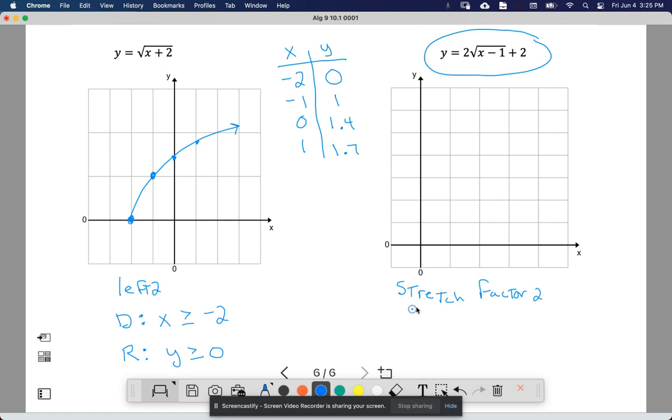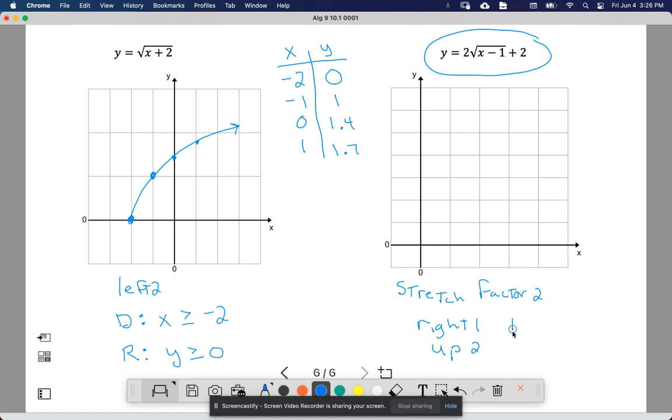The -1 tells me I need to go the opposite of that, so it's going to be right 1, and then we're going to go up 2.